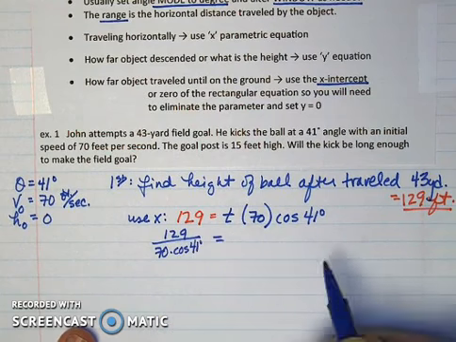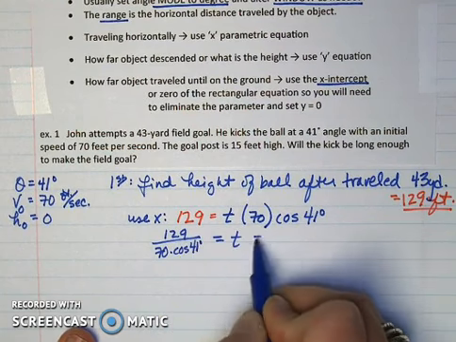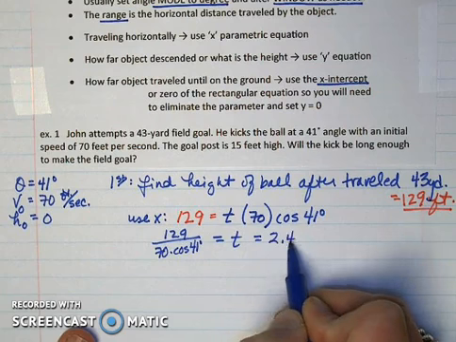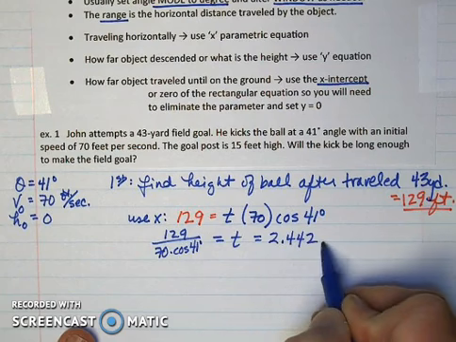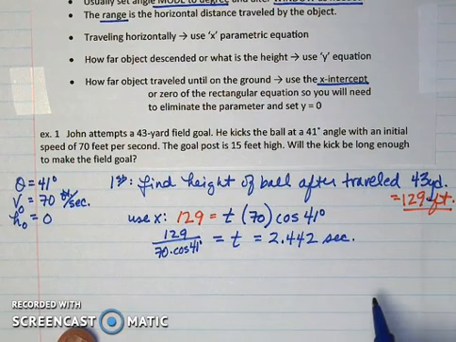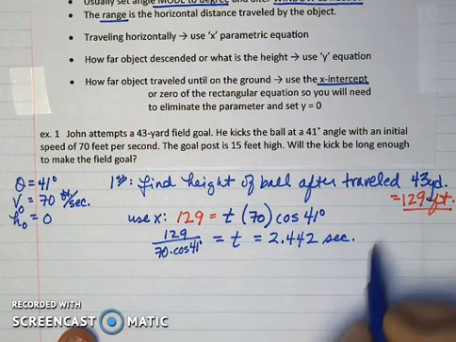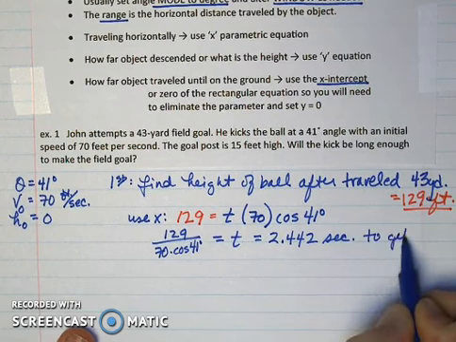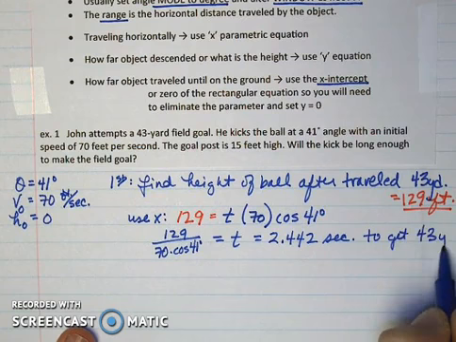And that gives me t, which is 2.442 seconds. So that's how long it takes to get 43 yards for the ball.